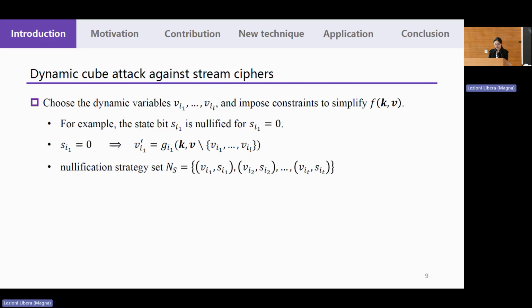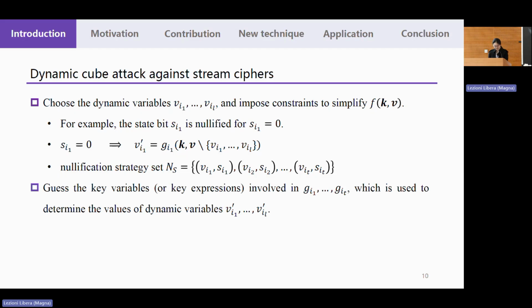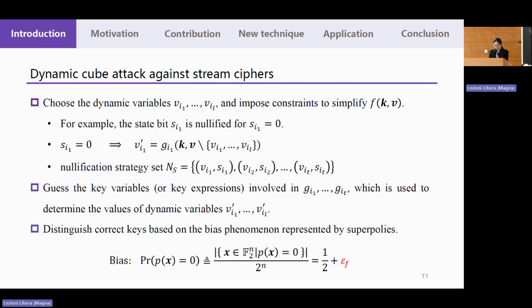This is achieved by imposing dynamic constraints on certain IV variables, which are referred to as dynamic variables. Guess the values of key variables or expressions involved in the constraints. We can identify the correct guess based on the bias phenomenon of certain superpolies.